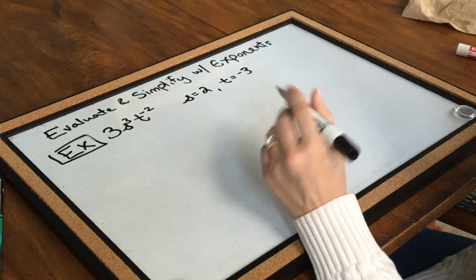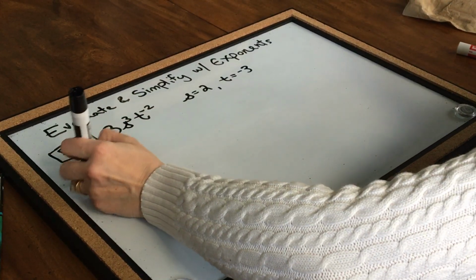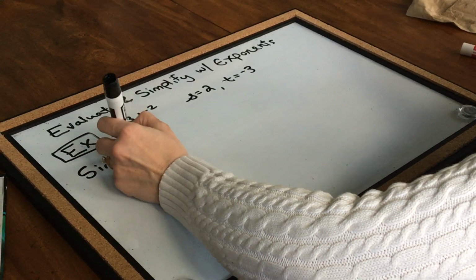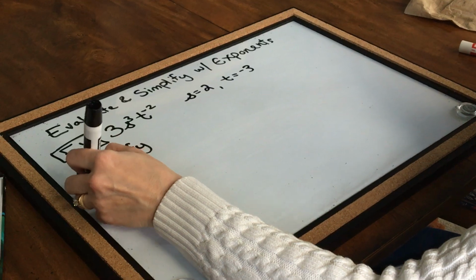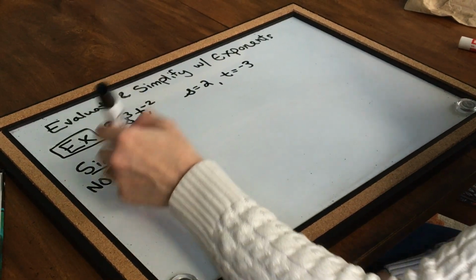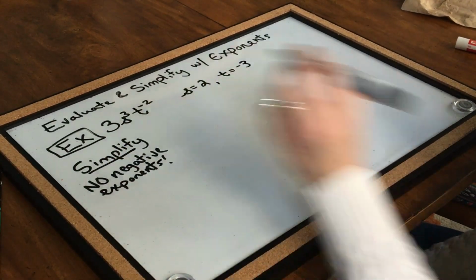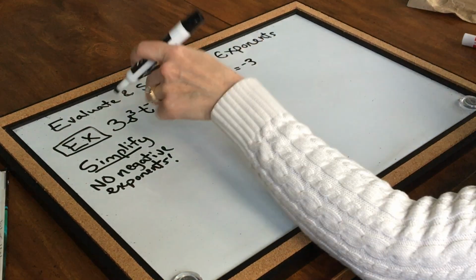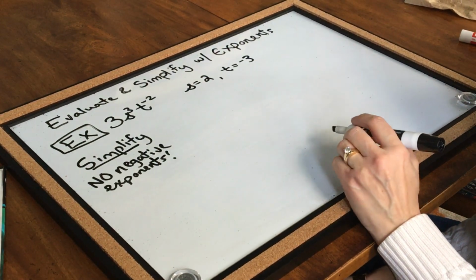The first thing we have to do with this expression is simplify. In terms of exponents, simplifying means no negative exponents. We don't want to have any negative signs with the exponents. That's really important. So let's simplify our 3s to the third, t to the negative 2.